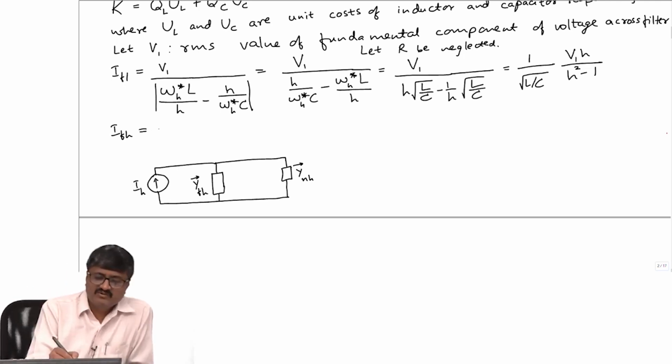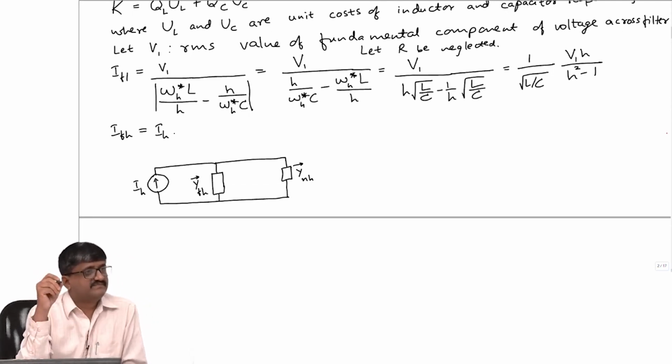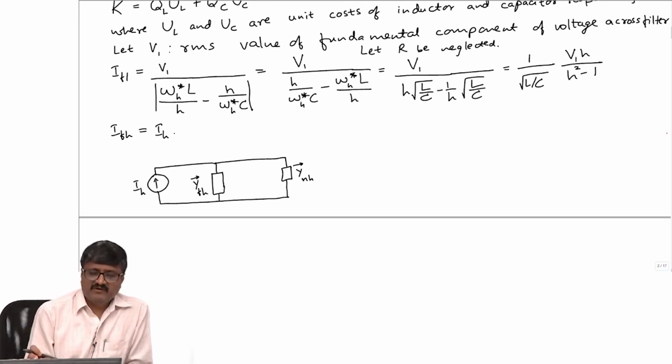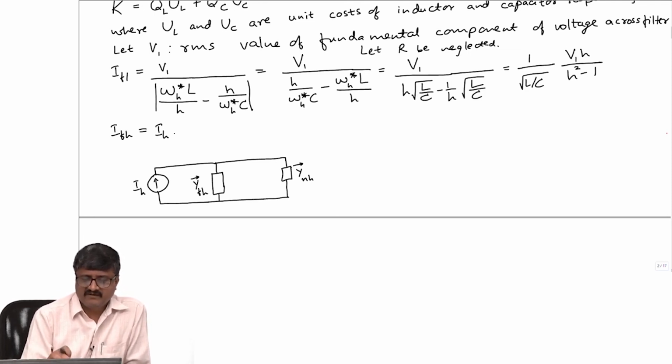It is equal to IH into what? YNH by, that is, there is something wrong there. Say, you have to just take all the voltages across the current source or voltage across any of the admittances, they should be same.